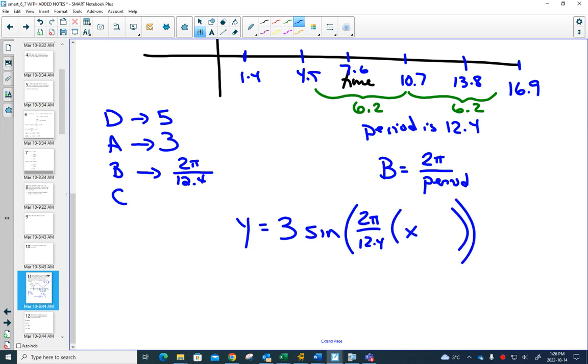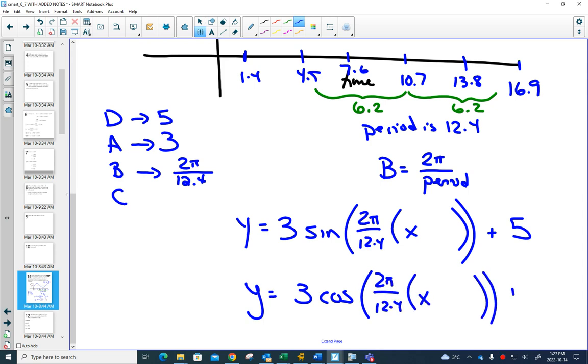I'm going to leave out my c value because my d value is plus 5. This is going to be true for your sine graph or your cosine graph. So if I want to start my cosine graph, the b value is the same, leave some space, my d value is the same. The a, b, d part is the same, whether you have a sine graph or a cosine graph.